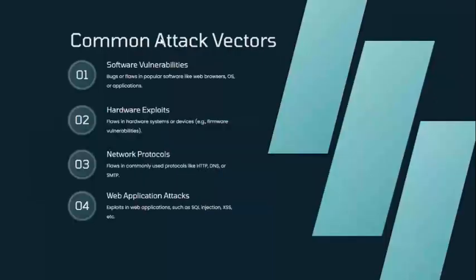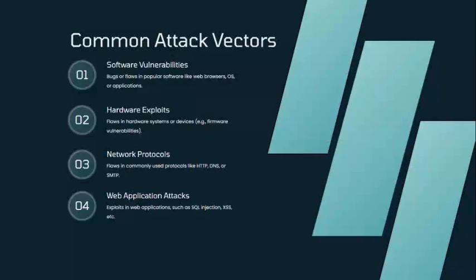The next slide talks about the common types of 0 day exploit attack vectors. They are not limited to one type of software, and they can happen anywhere. In this slide, we have captured some of the common attack vectors.